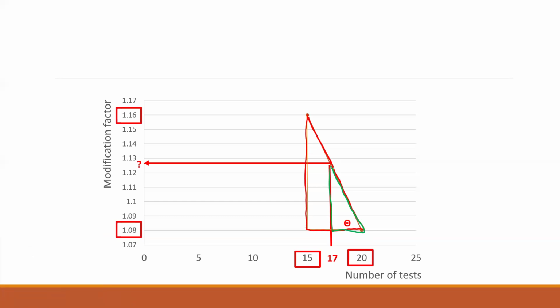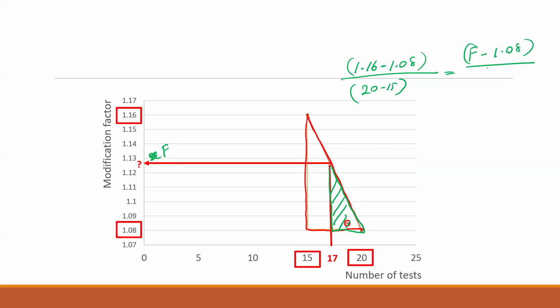For the big triangle, the rise is 1.16 minus 1.08, and the run is 20 minus 15. For the small triangle, I just take this factor as F. How can I write it? F minus 1.08 divided by 20 minus 17.